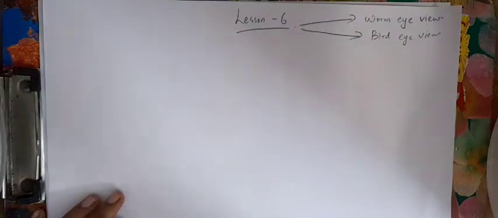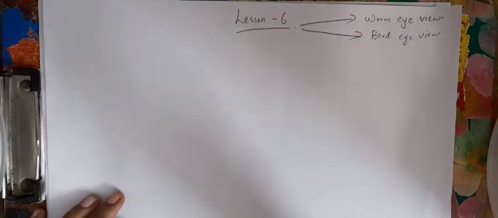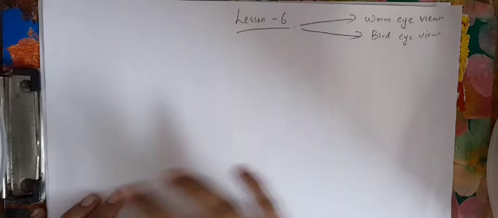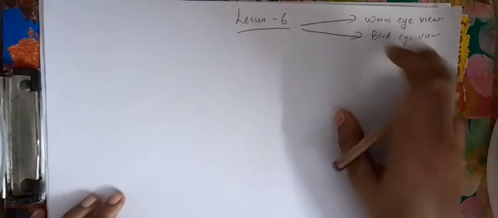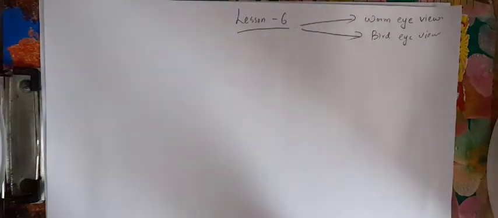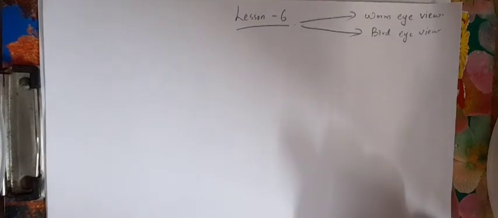When we shrink to a 5 centimeter size, it comes under worm eye view. So these two situations are necessary to pay attention to in your drawing when asked in the question paper.